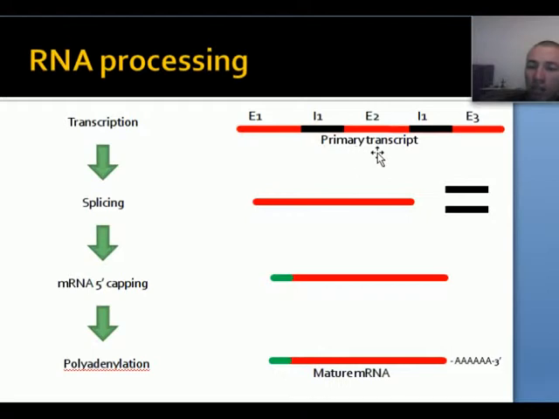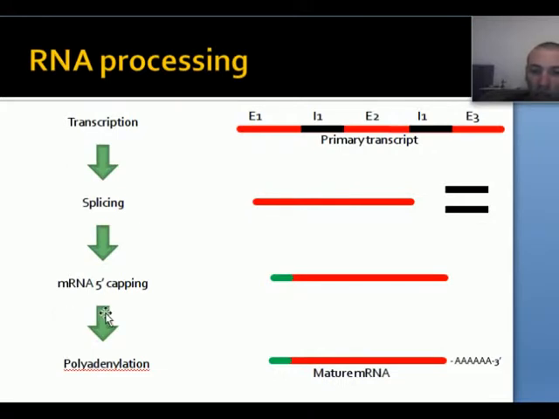This RNA is called the primary transcript because it's the exact copy of the DNA. And we have this process called splicing, when introns are cut out from the primary transcript and exons are pasted one behind another.